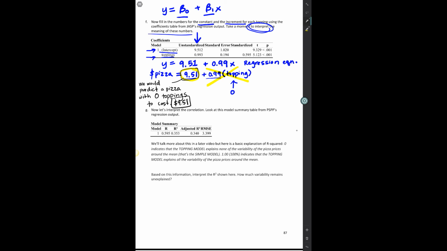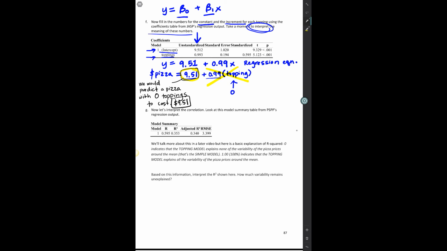So if you see this on a test, which you are likely to do, I would want you to interpret the meaning of those numbers. I want you to give me a written explanation like this. Put it into the context of the problem. If we're talking pizza, tell me it's what we predict the pizza would cost if there's 0 toppings on it.